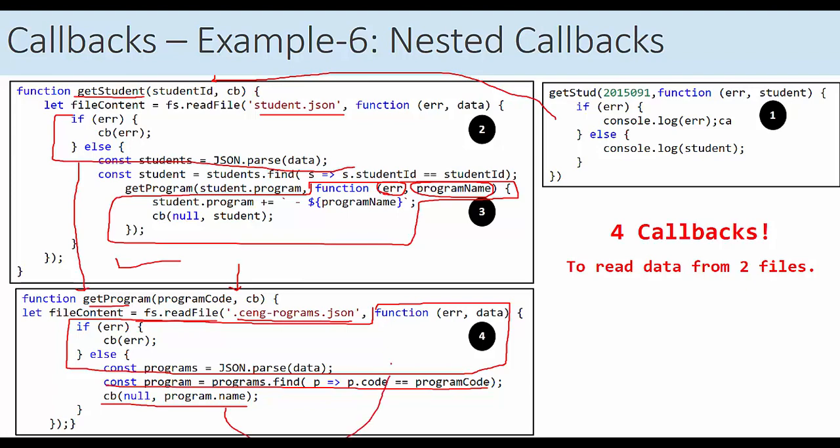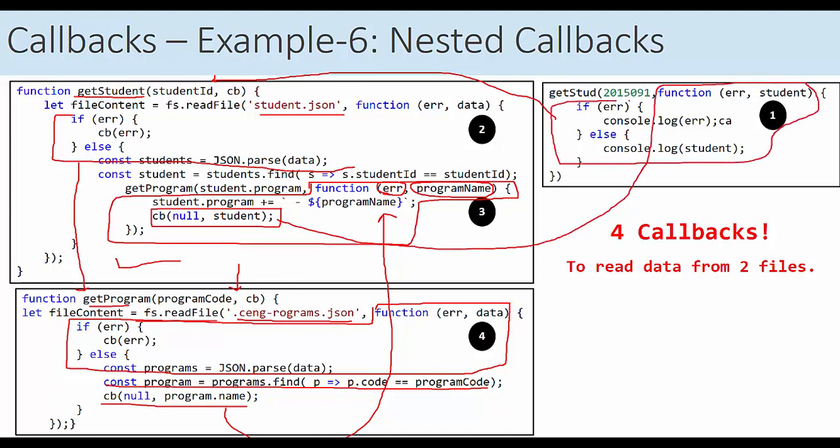Its callback is this. Let us say it called it back. Then the getStudent function, since all the data is ready, will call back its callback function, which is this one. So now we made 4 callbacks only to read data from 2 files.